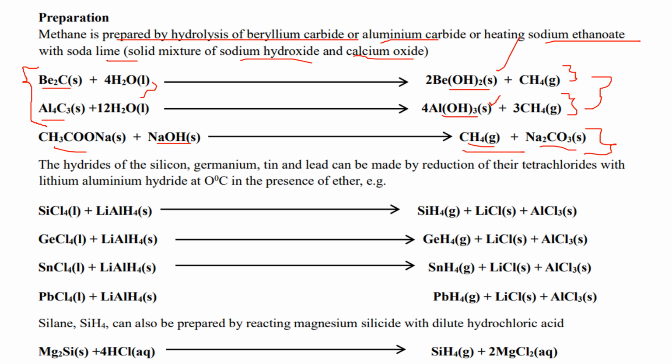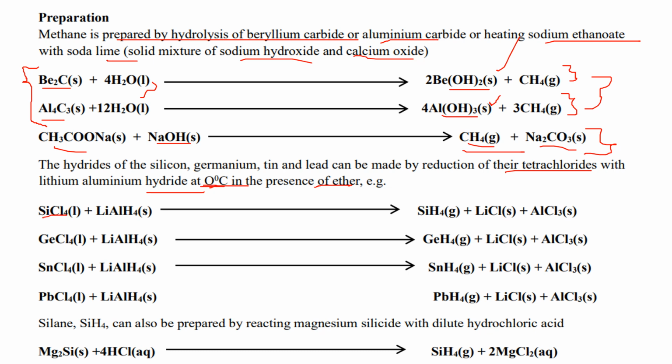Now you can see that the hydrides of silicon, germanium, tin, and lead can be made by reduction of their tetrachlorides with lithium aluminium hydride, but this must be at 0 degrees Celsius in presence of ether. Whenever you're using lithium aluminium hydride, you make sure that it's in presence of ether as a condition, and also the temperature must strictly be 0 degrees Celsius.